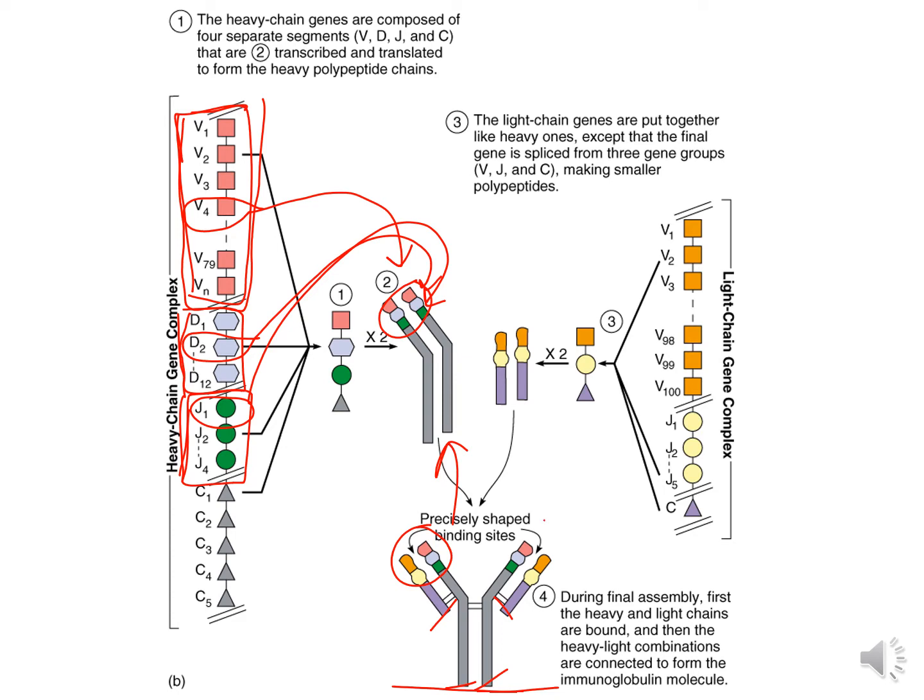Same thing happens for the light chain, except for the light chain there are only 2 regions. There is a V region with 100 options, and there is a J region with 5 options. So in this case, maybe V98 is selected, and maybe J5 is selected. So again, this is a random process. That's why it's called genetic shuffling.